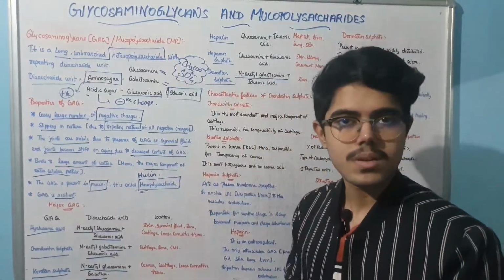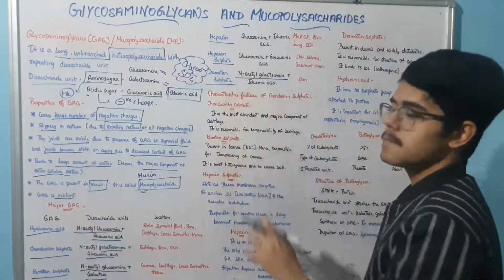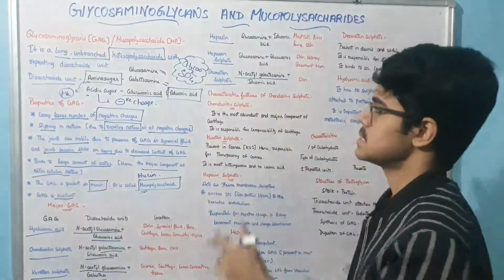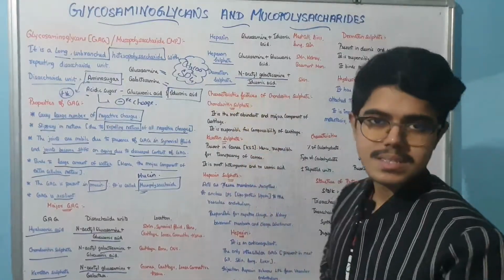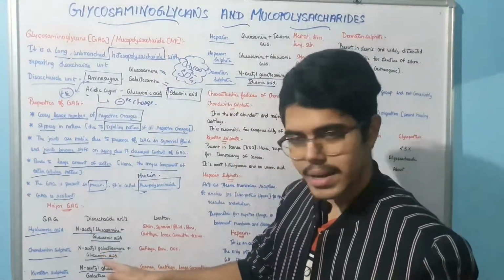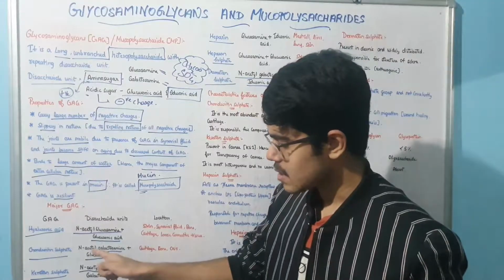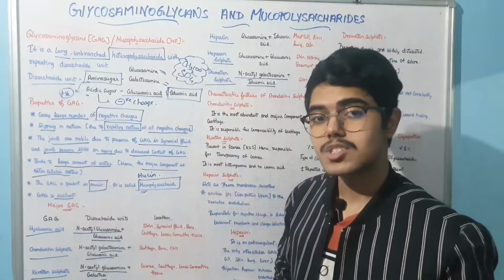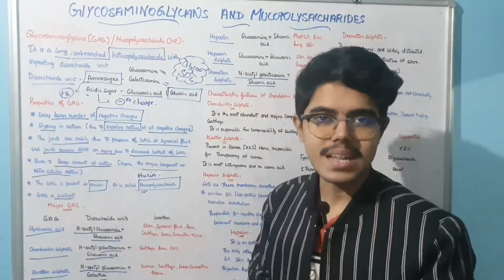Very simple, right? But dermatan sulfate contains a very important acid, called iduronic acid. So chondroitin sulfate has glucuronic acid and N-acetyl galactosamine, while dermatan sulfate has iduronic acid plus N-acetyl galactosamine.